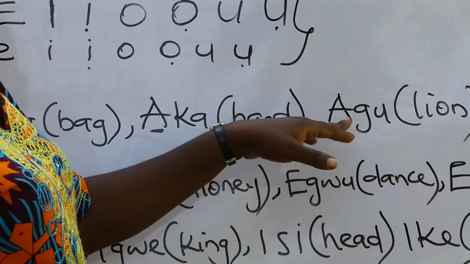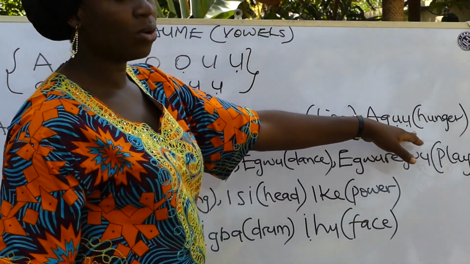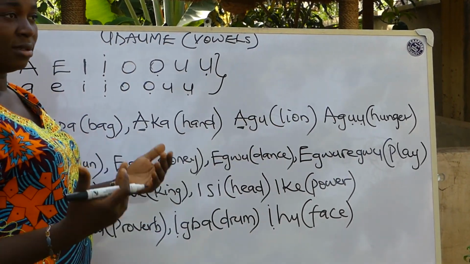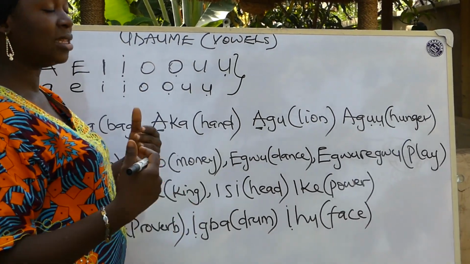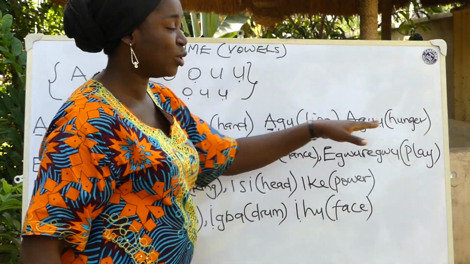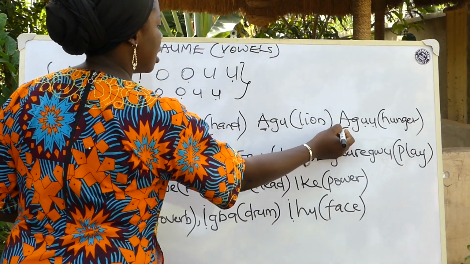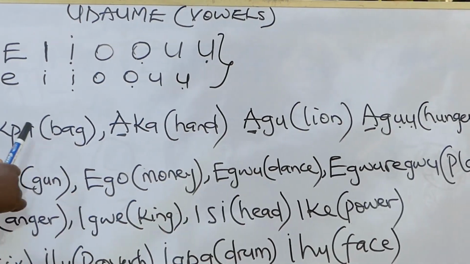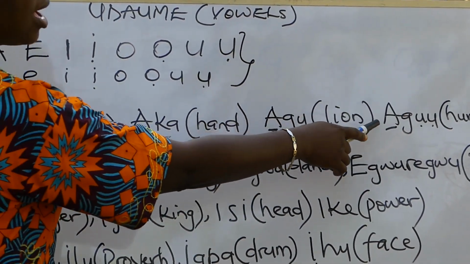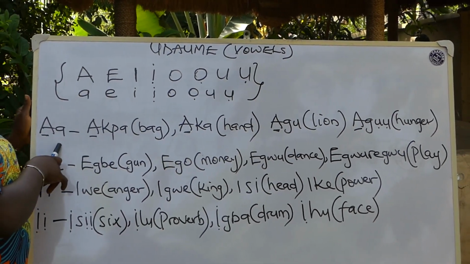You know about lion? Ago, A sound. Then ago here is hunger. If you are hungry and you want to eat, that one we call it in Igbo ago. So ago is hunger. So it's not the same thing with ago, which is lion. So we are talking about this A sound. So we have apa, aka, ago, ago. These are the words we form using the letter A.